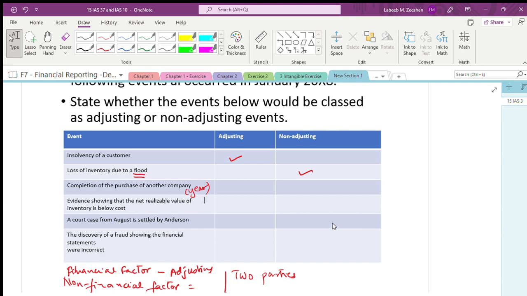Completion of purchase of another company will definitely be in phases. Till the final decision is taken, nothing is going to happen. Completion of the purchase of another company is in the process, so it is a non-adjusting item.